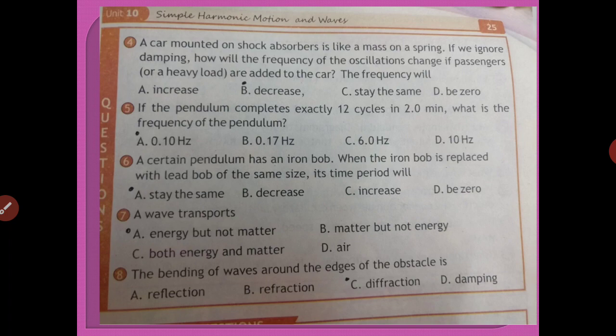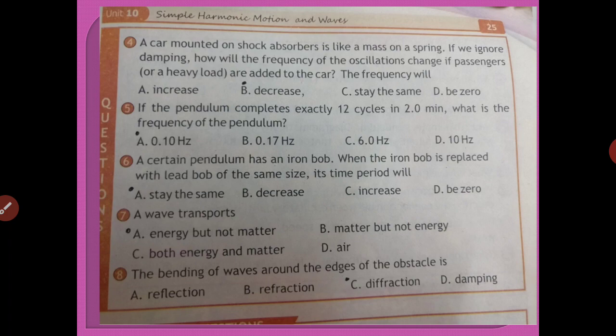Now the fifth one: if the pendulum completes exactly 12 cycles in 2 minutes, what is the frequency of the pendulum? In this numerical, 2 minutes is given, and we will convert the minutes into seconds first. So 2 multiplied by 60, because 1 minute is equal to 60 seconds, gives 120 seconds.